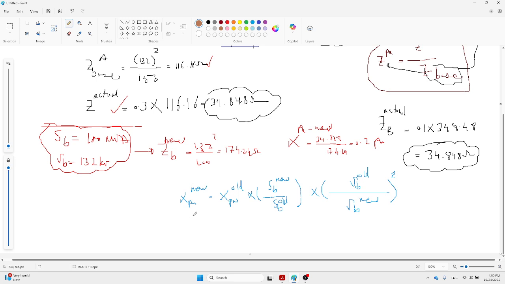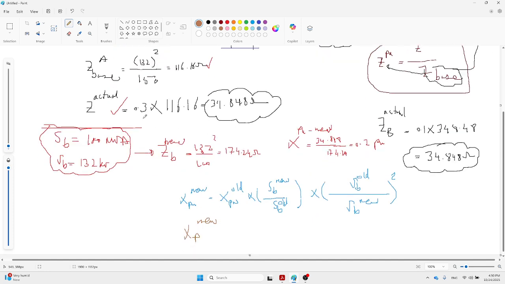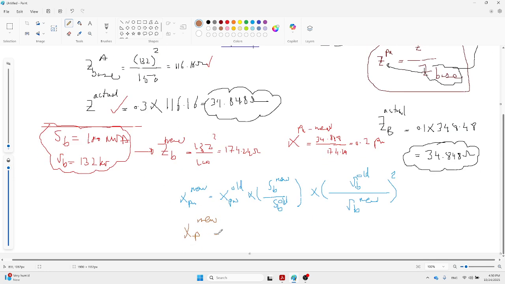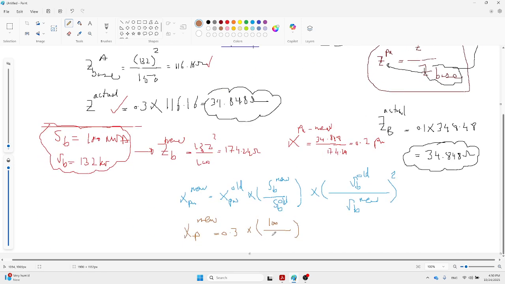In order to do that, X per unit new, following this formula, is equal to X per unit old, 0.3, times S base new, which is 100, over S base old, which is 150, times V base new over V base old to the power of 2.